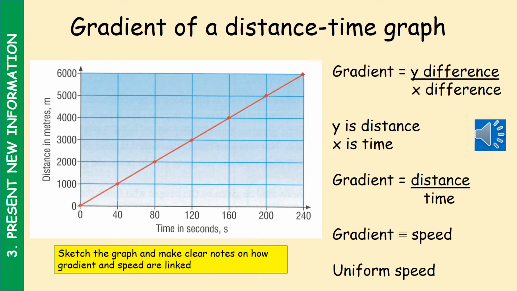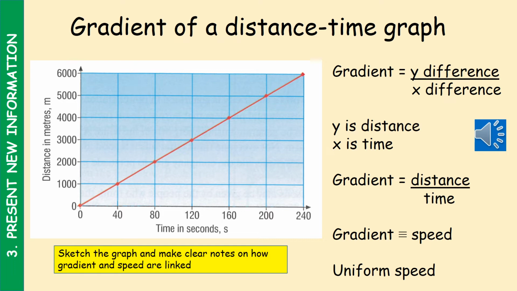If we had displacement in meters as the time goes by, then when we work out our gradient, we'd be working out displacement divided by time, and that would give us the velocity, because displacement's a vector and velocity equals the displacement, that's the distance travelled in a certain direction, divided by the time taken.